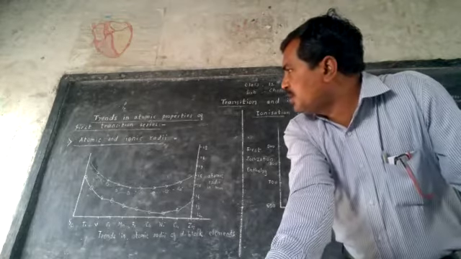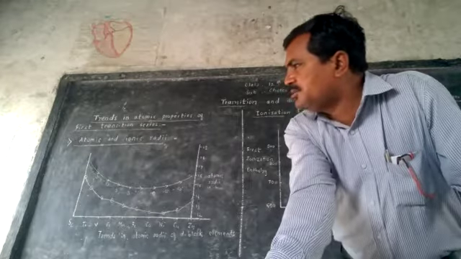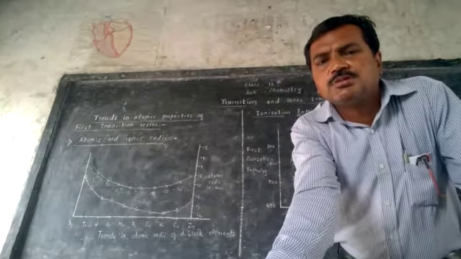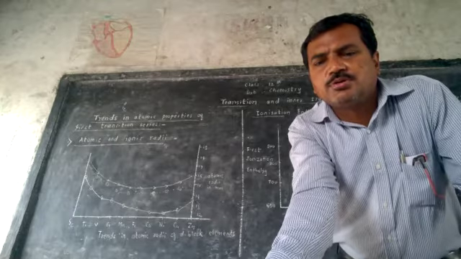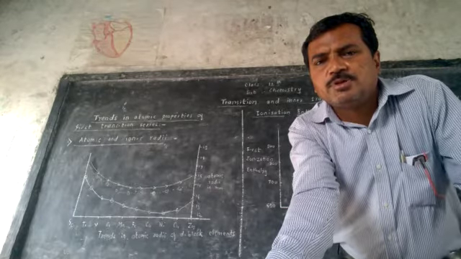The first property is atomic and ionic radii. What is atomic radius? The distance between the nucleus and the outermost orbit of an atom.